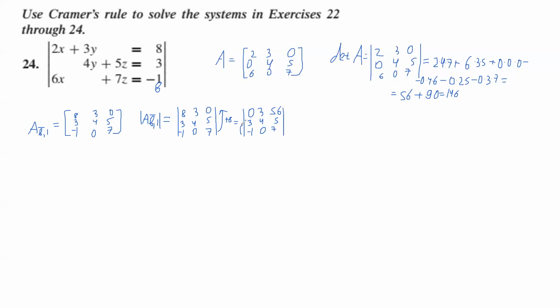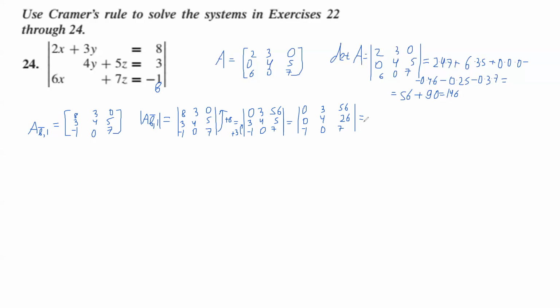Then I can add 3 times the third row to the second row to get the first element to be equal to 0. So I just multiplied the whole row. I will get 0, 3, 56, then 0, 4, 3 times 1 times 7 is 21, 21 plus 5 is 26. Here we have minus 1, 0, 7.